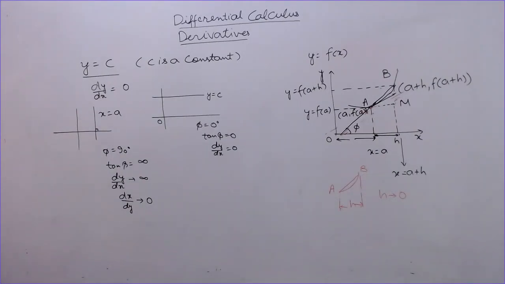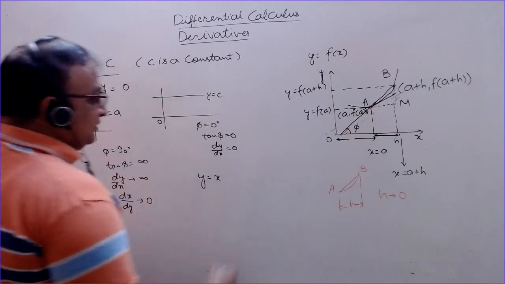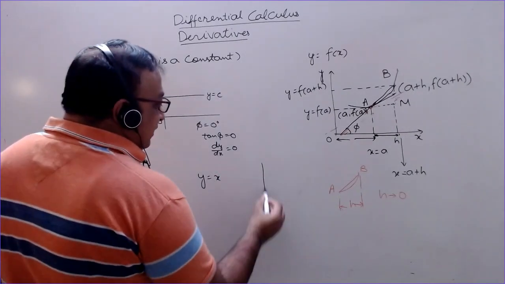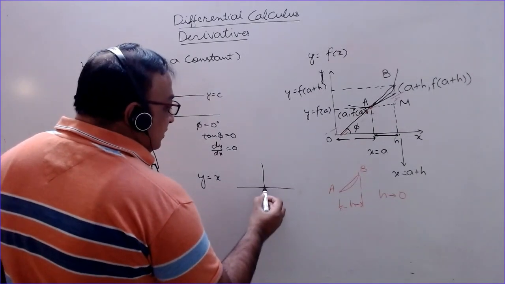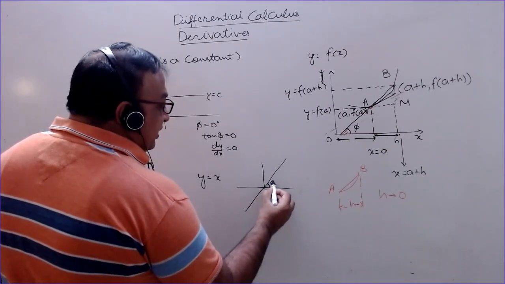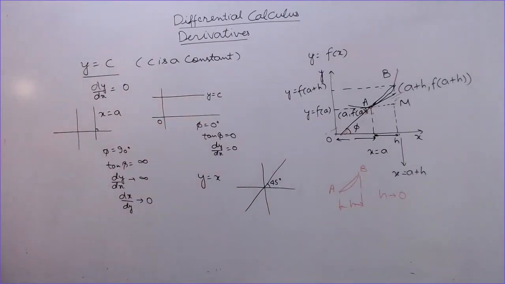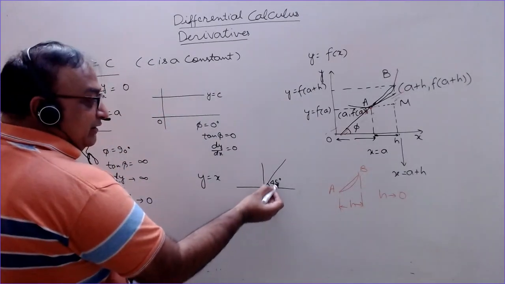Now we can find the derivative of various functions. Suppose I write a function y equal to x. What does this mean? If I show this graphically, the function can be plotted as a line making an angle of 45 degree, which remains constant with the positive direction of x-axis, in this direction.